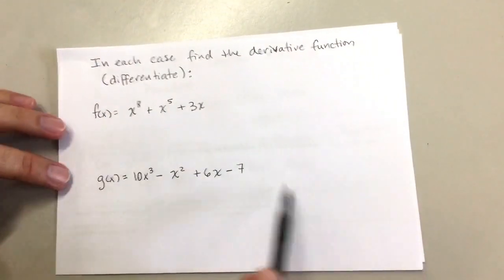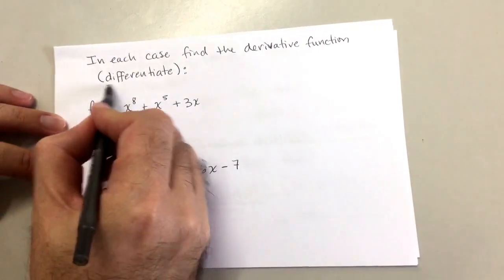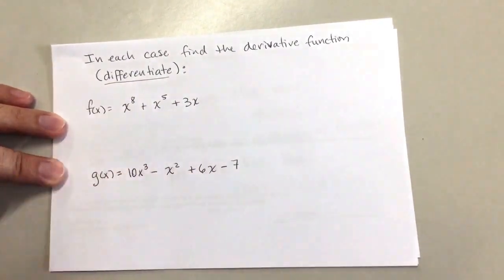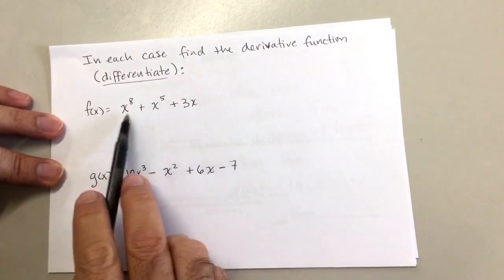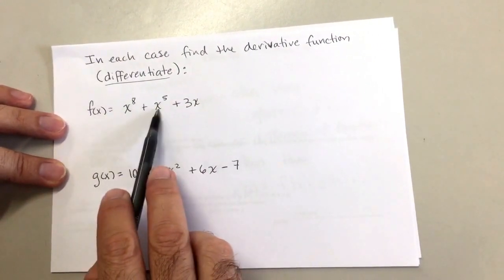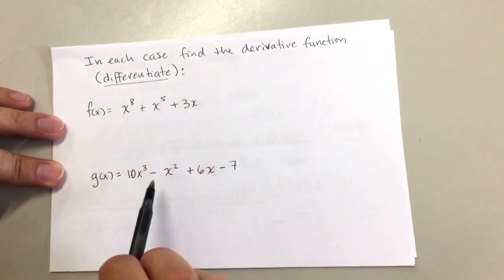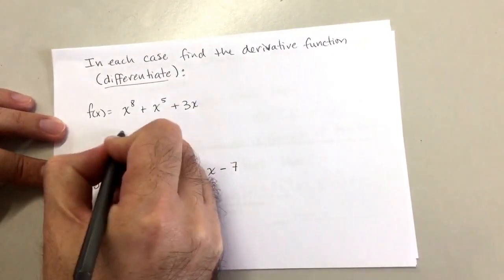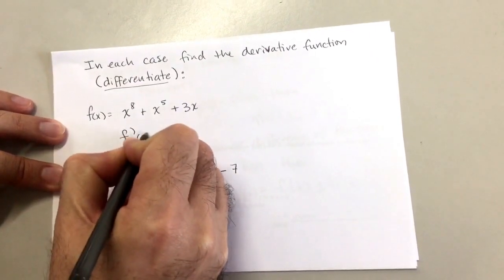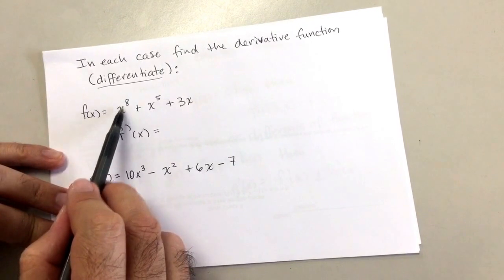So in each case, we will find the derivative function. That is called to differentiate. We will differentiate this function. Notice here we have a sum of two power functions and 3 times the power function x to the 1. So the derivative, f prime of x, is, well, we apply the power rule.